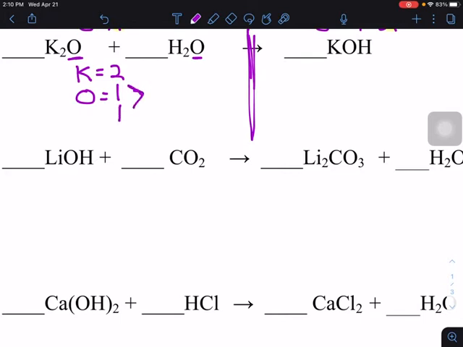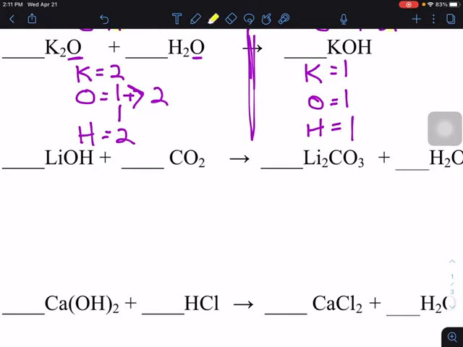Those add together to give us 2 total oxygens. And then we've got 2 hydrogens. As our reactants, again, we have potassium, oxygen, and hydrogen. And on the right-hand side of the arrow, we have one of each.